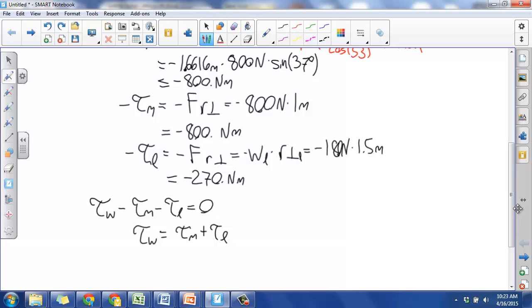We've been doing these minus torques to remind ourselves that it's counterclockwise, but here we're adding these torques across. Well, what is torque of the wall? What is the equation for torque of the wall? Well, it's equal to the normal force by the wall times R perpendicular for the wall. That will be equal to the torque of the man plus torque of the ladder. Two things which we already know. We're trying to find the normal force of the wall.